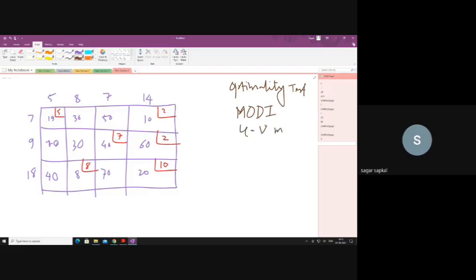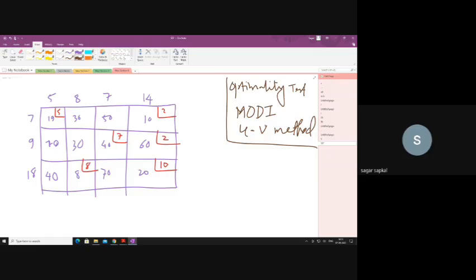We use that for checking whether this is optimal or not. For that purpose, you have to find the dual variables of this problem. Those dual variables are indicated by U's and V's. U's are written for rows, V's for columns.